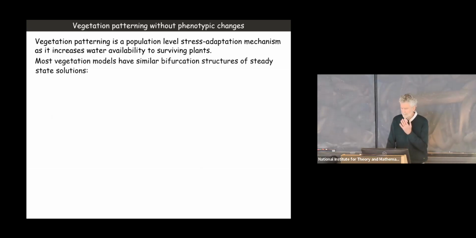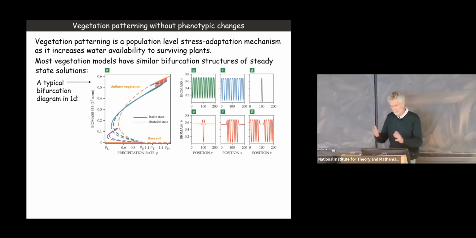It turns out most models have a similar bifurcation structure, and this is a typical bifurcation structure for vegetation pattern formation. We have the bare soil solution here with zero biomass, which is destabilized by forming uniform vegetation, but uniform vegetation is stable only at high precipitation, and as we decrease precipitation, it undergoes a Turing bifurcation to a periodic pattern.